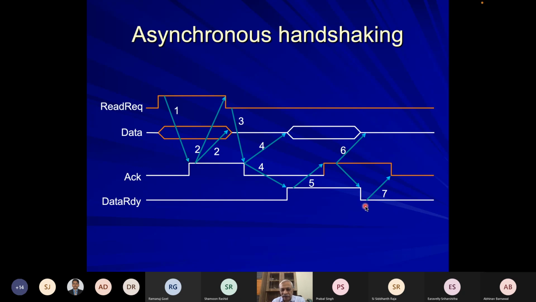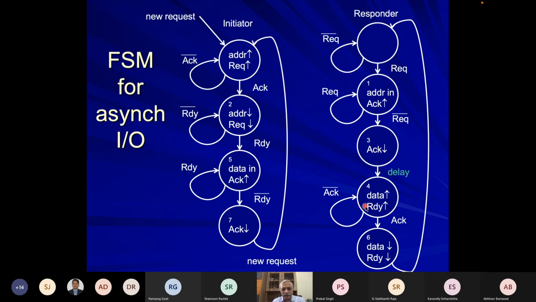So this is how the whole cycle gets completed. Here waiting for acknowledgement to be 1, waiting here for ready to be 1, waiting here for ready to be 0, and then waiting for a new request to come.